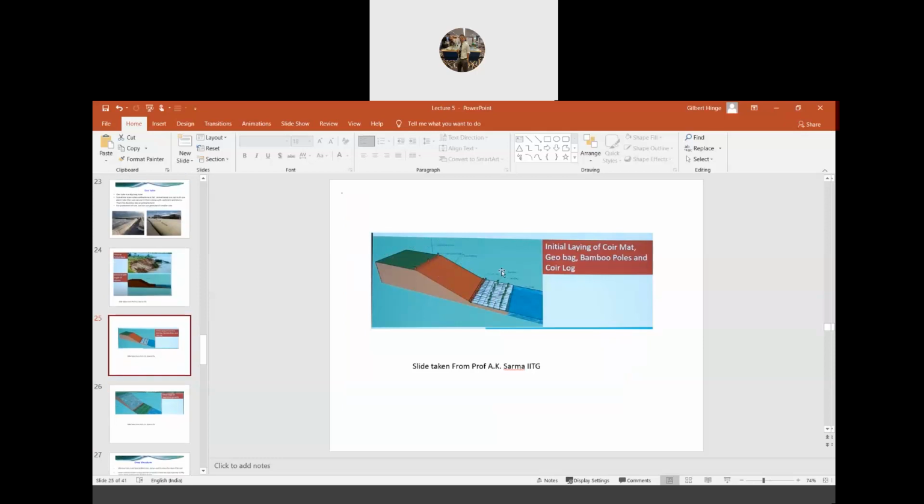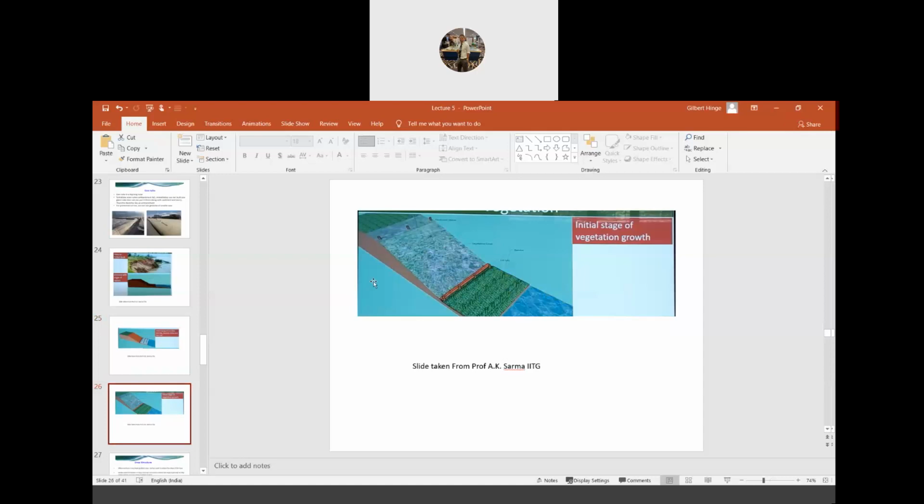Also at the toe, we provide some geobag along with bamboo poles so as to tie this back. Then with time the net will deteriorate. However, by the time it deteriorates, we will have vegetation here, which will act as a permanent prevention against erosion in this kind of failure.